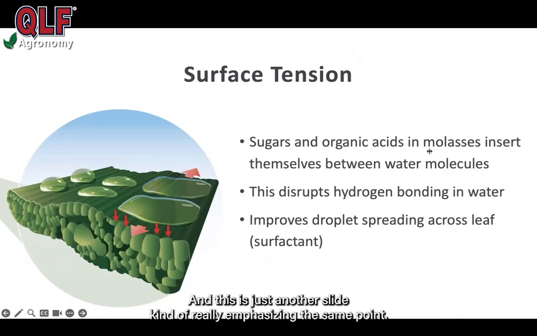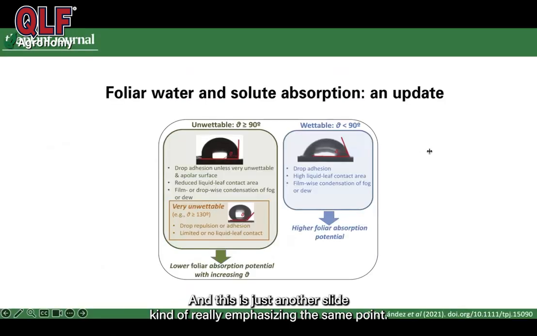And this is just another slide really emphasizing the same point. There have been some really interesting studies looking at how we can measure the droplet adhesion and the angles at which they adhere to the leaf. The obvious point is that you can see this droplet here has such high surface tension. It has a low surface area at the bottom of that droplet connecting with the plant, as compared to this one here, which is nice and spread out.